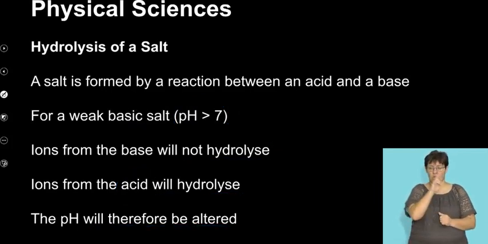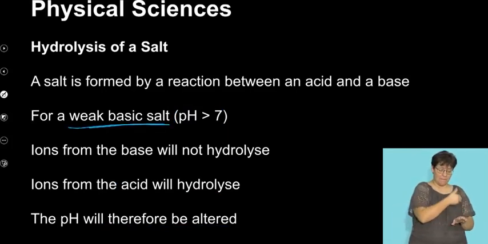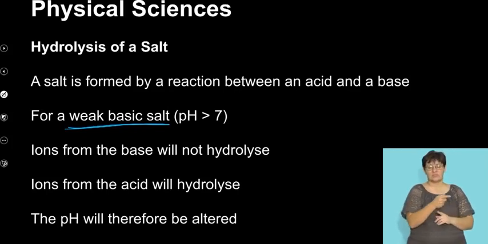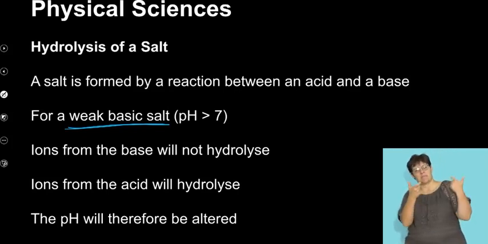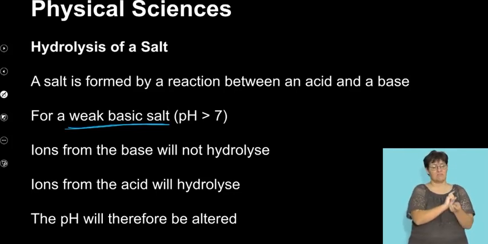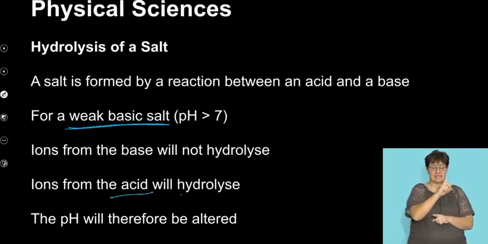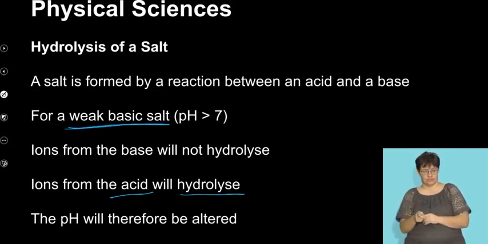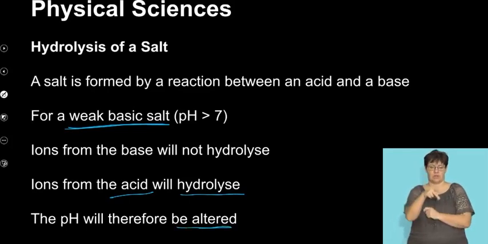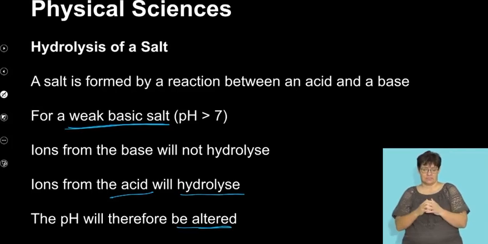If we look at a salt formed by a reaction that now forms a weak basic salt, meaning something with a pH of bigger than 7, the ions from the base will not hydrolyze, meaning we will have OH minus in solution. But the ions from the acid will hydrolyze, meaning that will alter our pH. And for that reason, a strong base and a weak acid will form a weak basic salt.